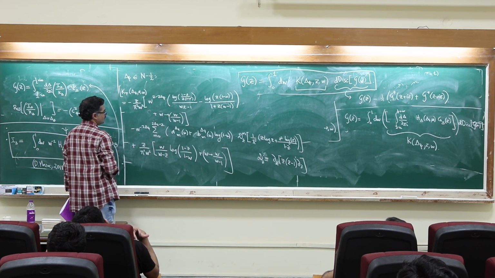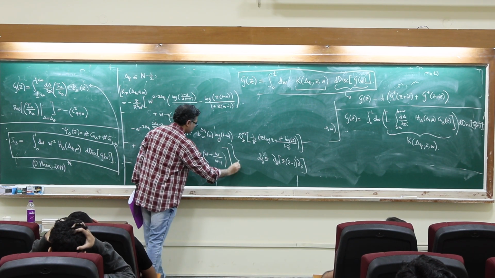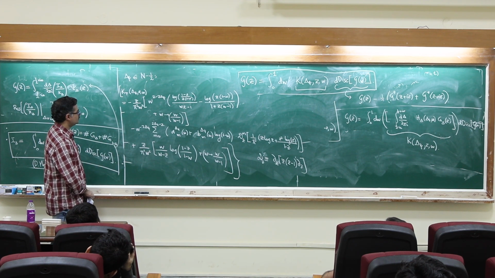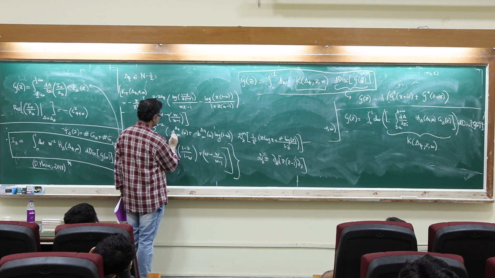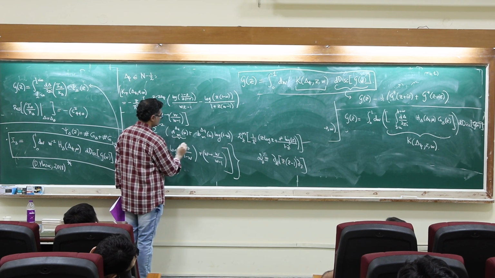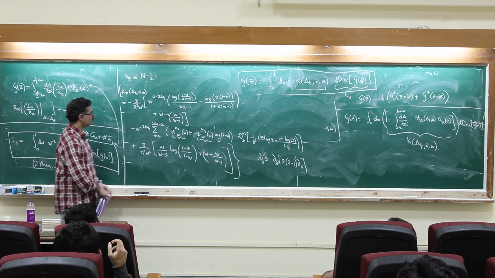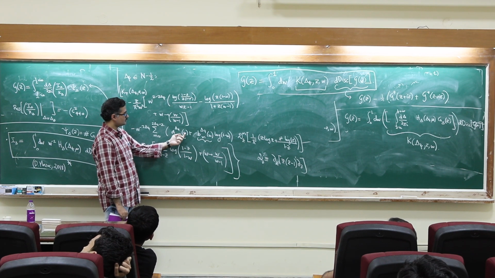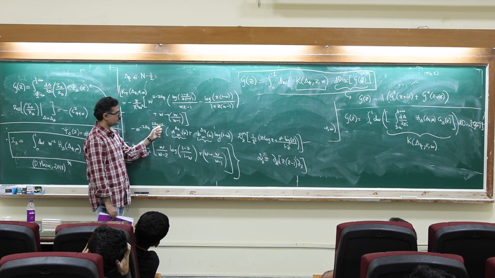It has these logs and this structure. I'm not specifying more details about this. These objects are certain polynomials in this variable w, a polynomial of degree 2 delta phi minus 2 as well.